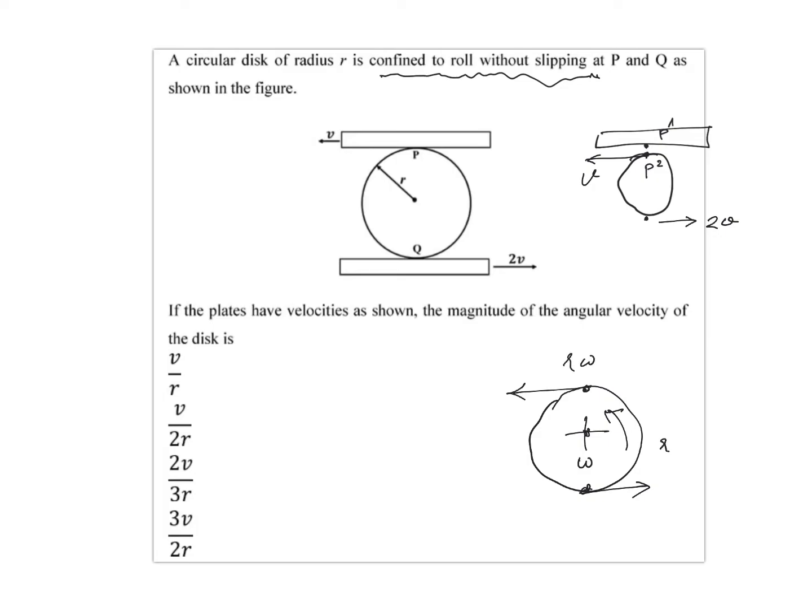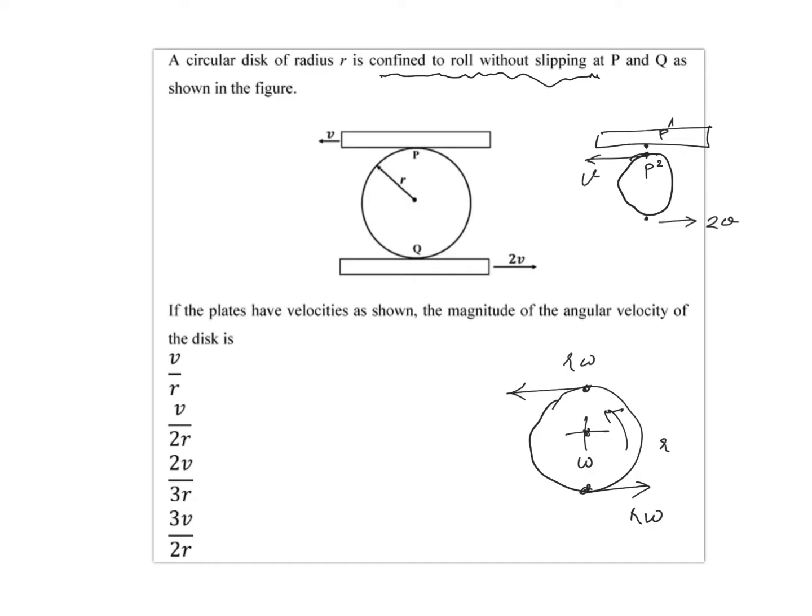I'm talking about only the magnitude here, not going into the vector representation, though it's good to know all those things. Then this point also will move to the right, with the same velocity. Make sense?